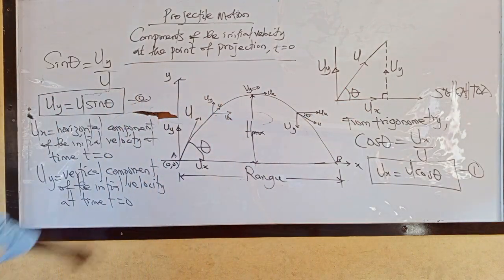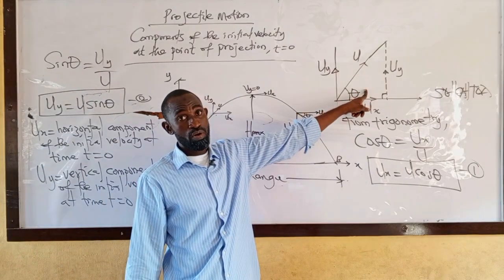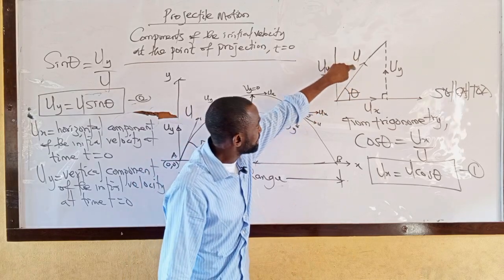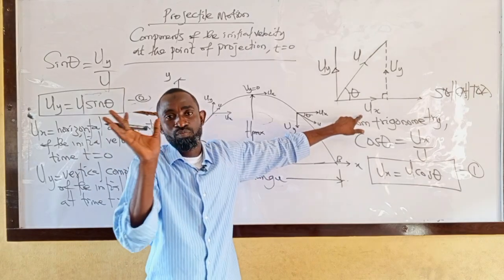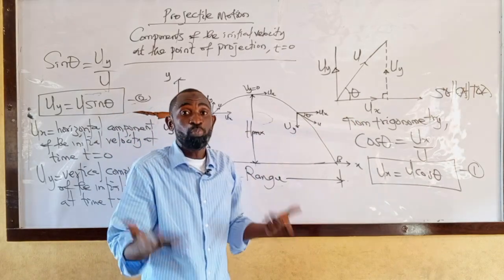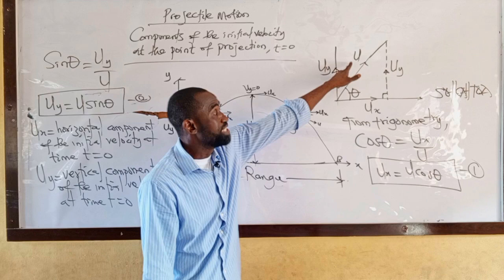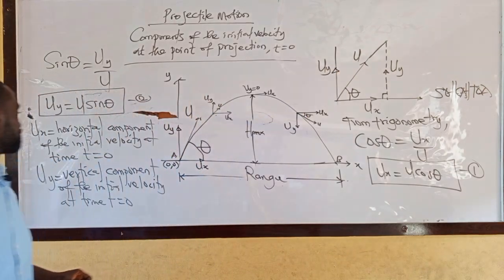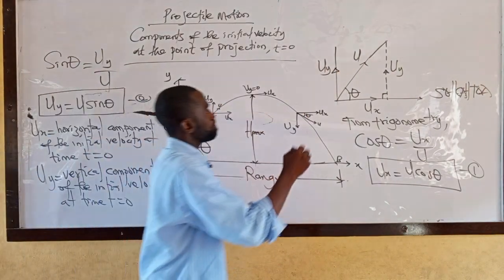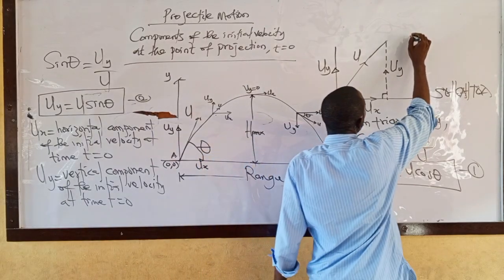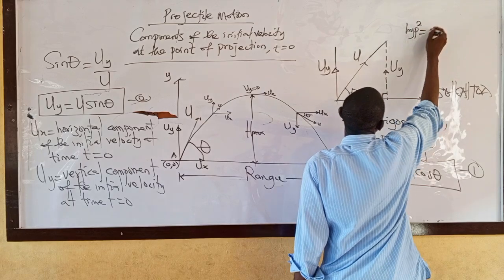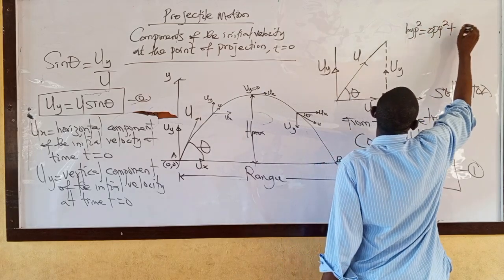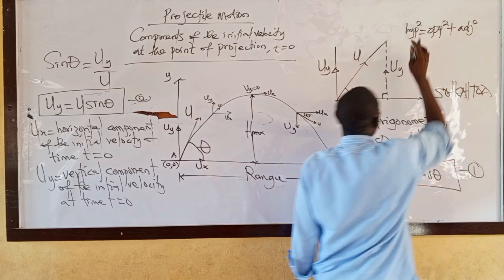Remember, we have to find the resultant at point t equals 0. This is a right-angled triangle, with one side, another side, and another side. When the question involves sides of a right-angled triangle, I can use Pythagoras theorem. Hypotenuse squared equals opposite squared plus adjacent squared.